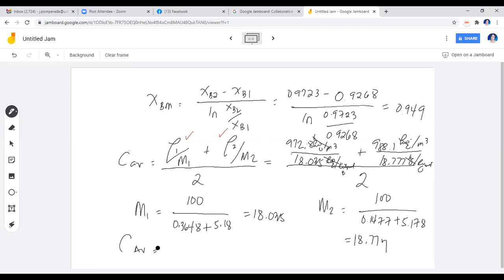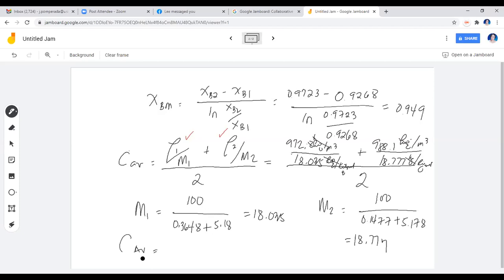So in this case, you have 972.8, which we need to divide by 18.035. We add to that the quotient of 988.1 divided by 18.777, and we divide by 2.